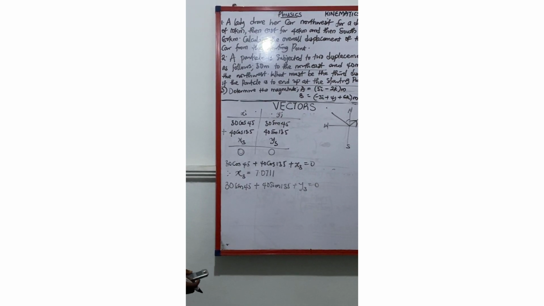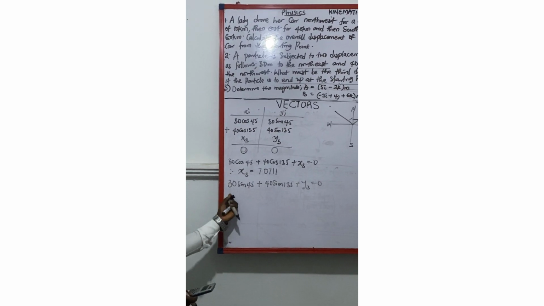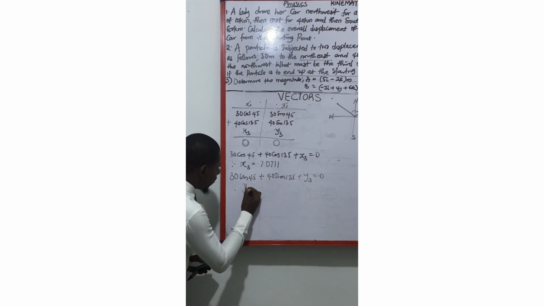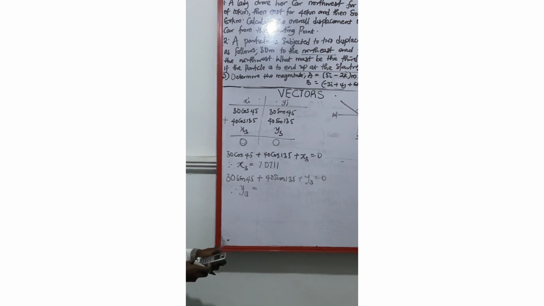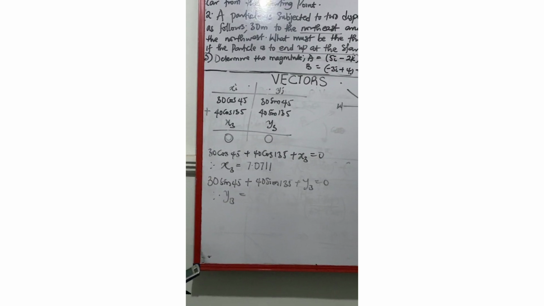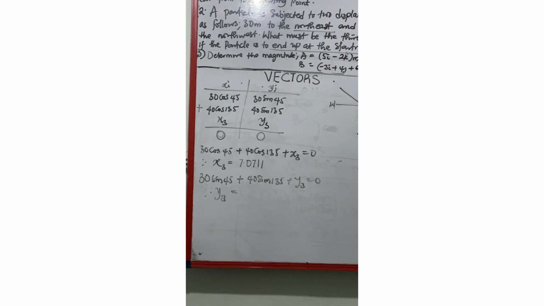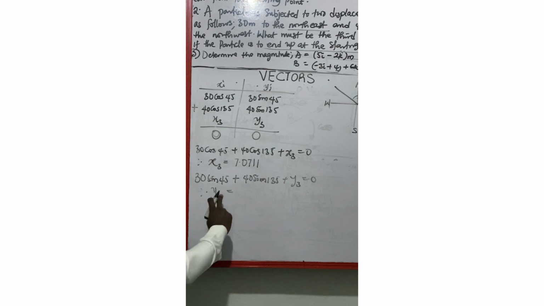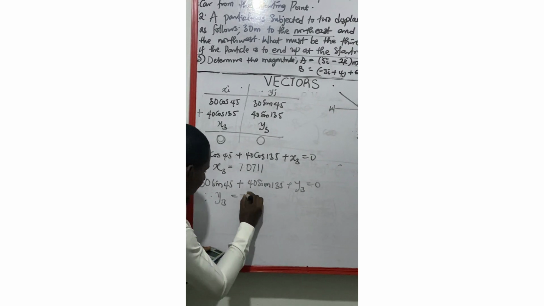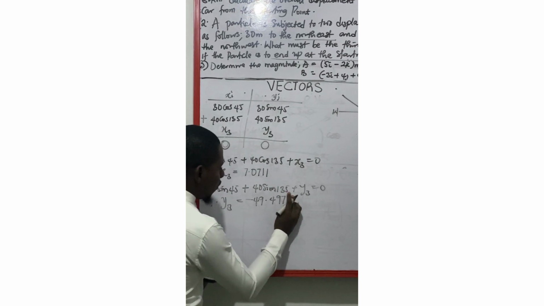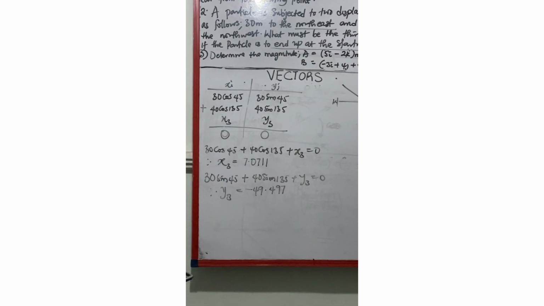Okay, so you add it up, this moves over to this side, and you have your y3 to be equal to 30 sine 45 plus 40 sine 135, giving us plus 49. So when it crosses equal, it changes to minus 49.497.